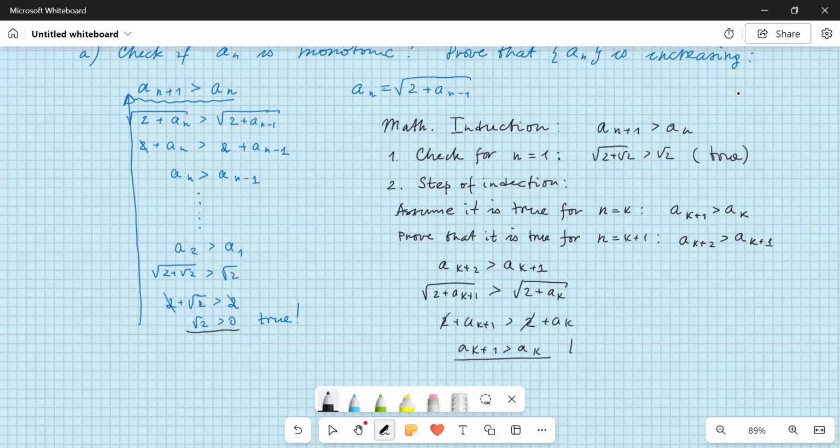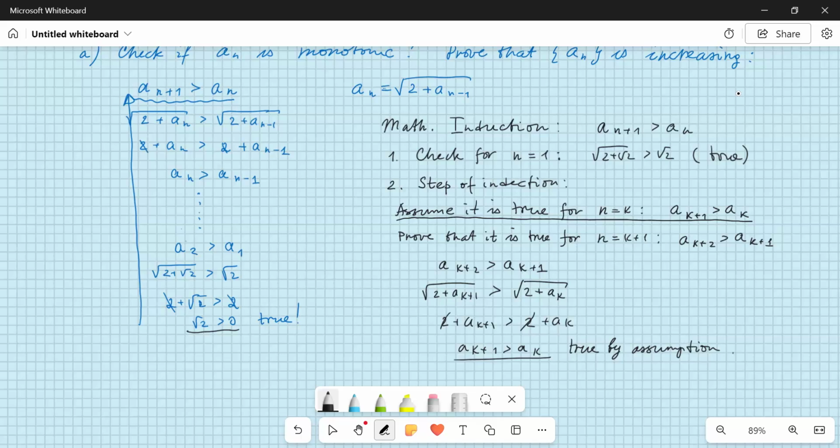Well, we look at our assumption. Remember, we assumed that it's true for a_k, so we write down: true by assumption. When you get a statement true by assumption, you did the step of induction. How? Well, you know that if for the previous pair it's true, it's going to be true for the next pair.